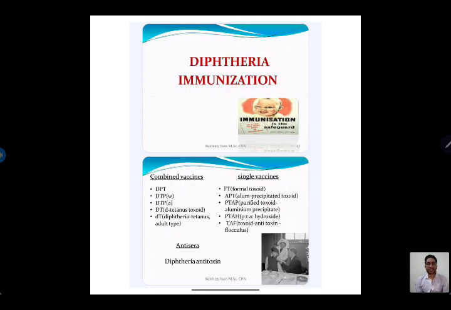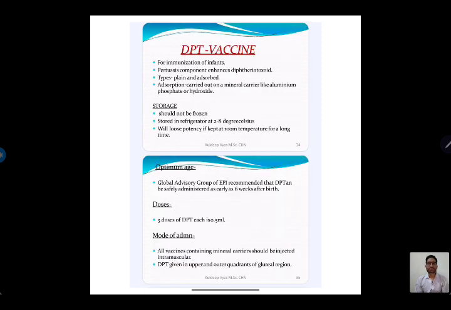So, diphtheria immunization. Combined vaccines are DPT, DTPV and DTPA, DT, tetanus toxoid, diphtheria tetanus adult type. Single vaccines are formol toxoid, alum precipitated toxoid, purified toxoid, aluminium hydroxide toxoid, antitoxin flocculus, the anti-series diphtheria antitoxin.